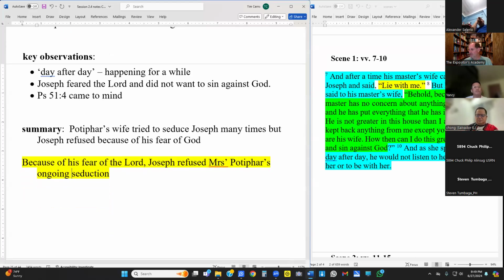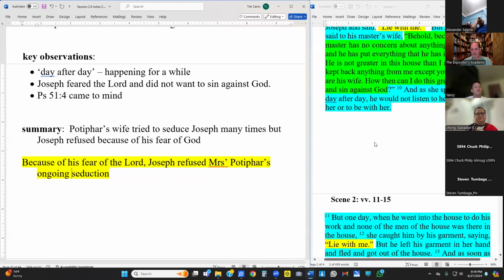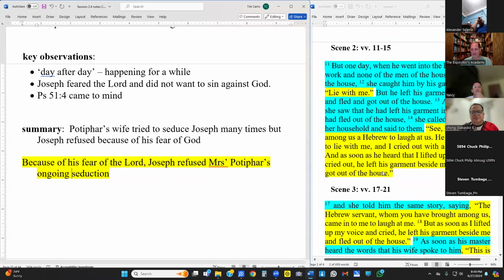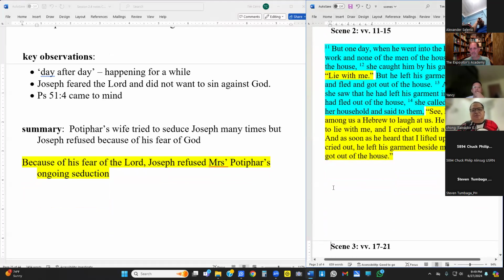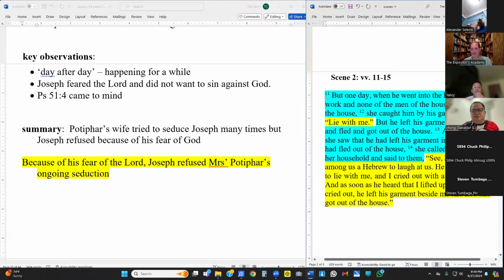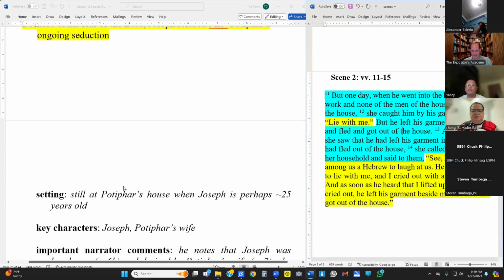All right, I think we can squeeze in one more scene because it's pretty short here. Scene 2. Again, remember the blue represents the narrator comments. The yellow is the Potiphar's wife dialogue. No green here in this particular scene.